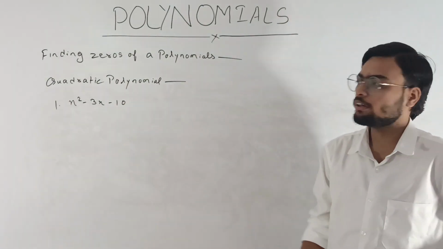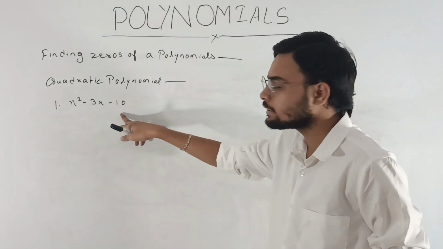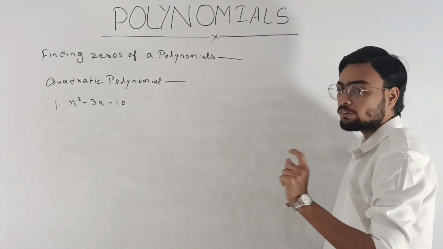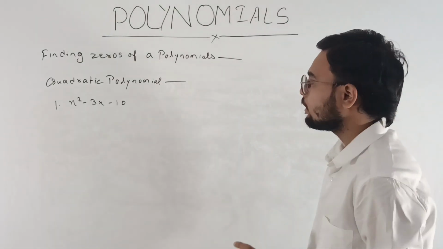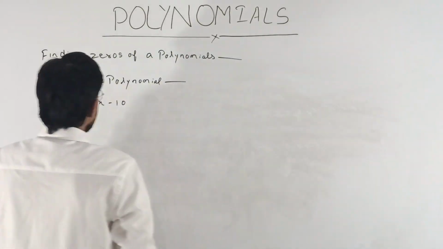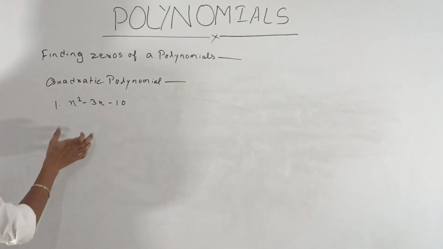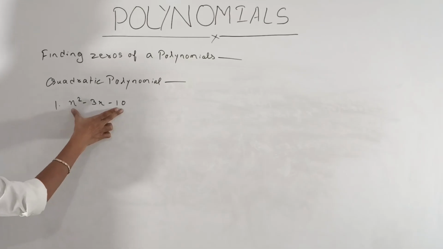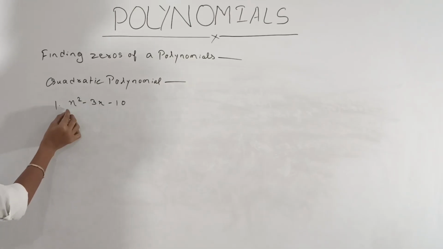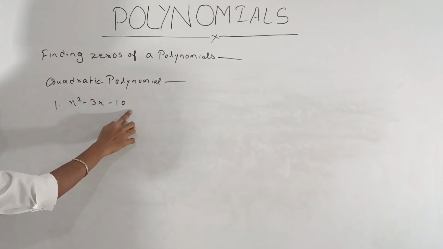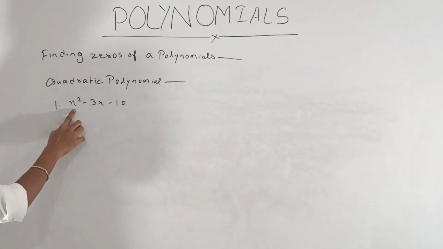Now for finding the zeros of a quadratic polynomial, x square minus 3x minus 10, we perform factorization by splitting the middle term. For splitting the middle term, the first step is we multiply the third term, the constant 10, and the coefficient of the first term, that is x square.